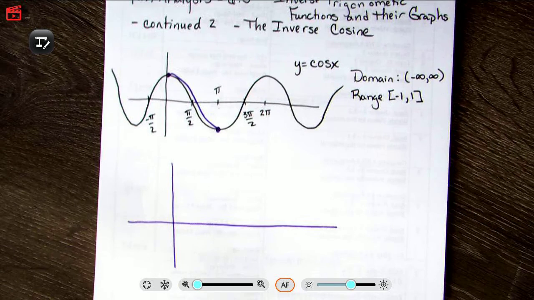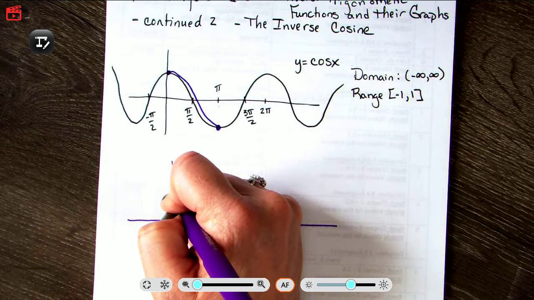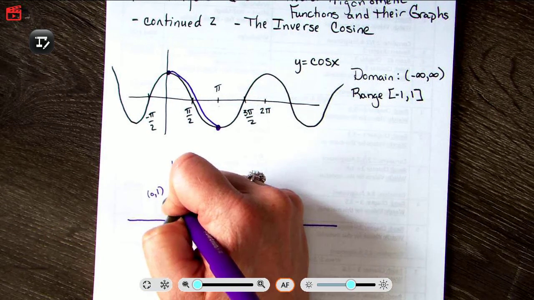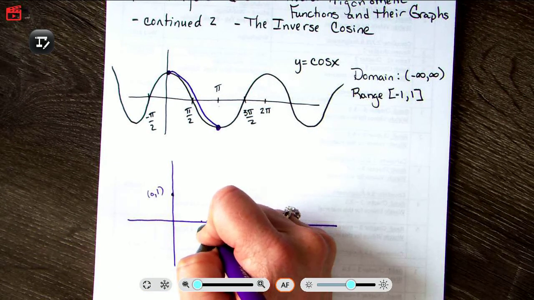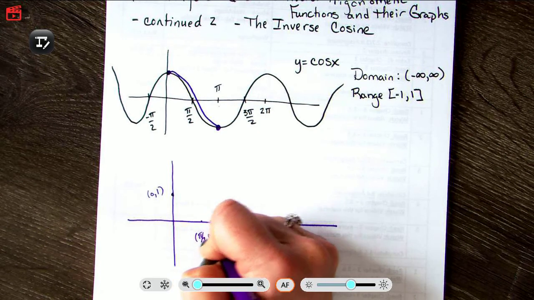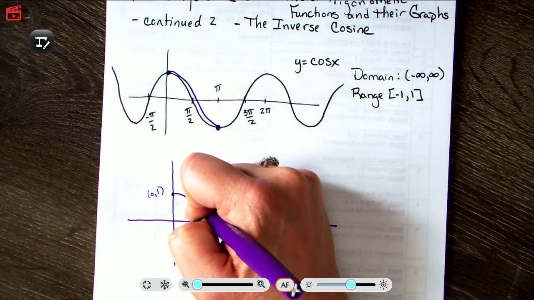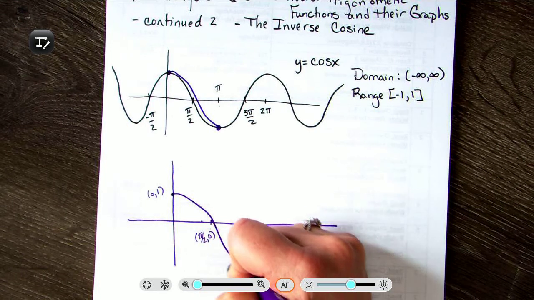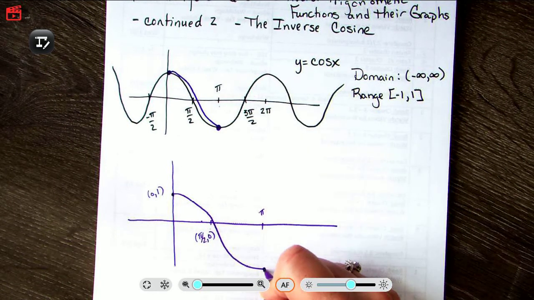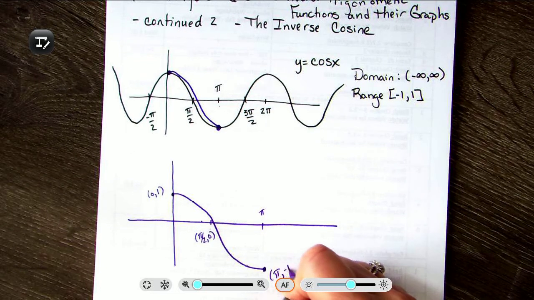I'm going to draw the curves first of all. So here is my point 0, 1. And here's my point pi over 2, 0, kind of. And there's my point pi, so this would be pi, negative 1.